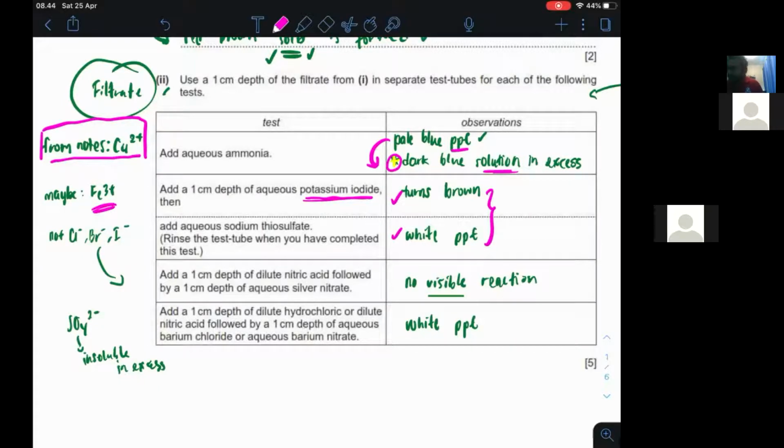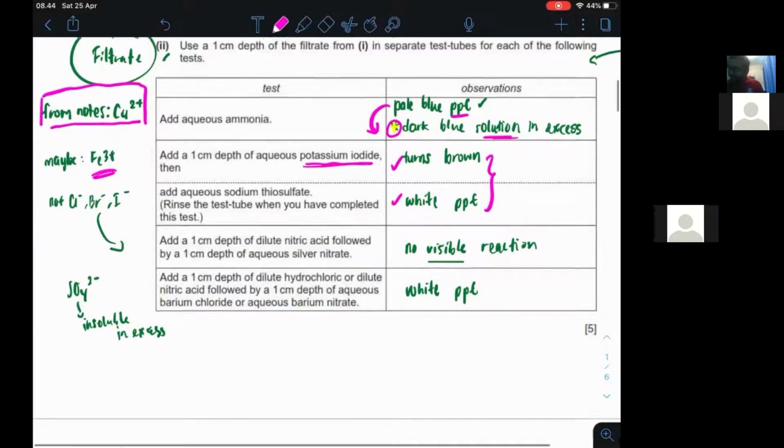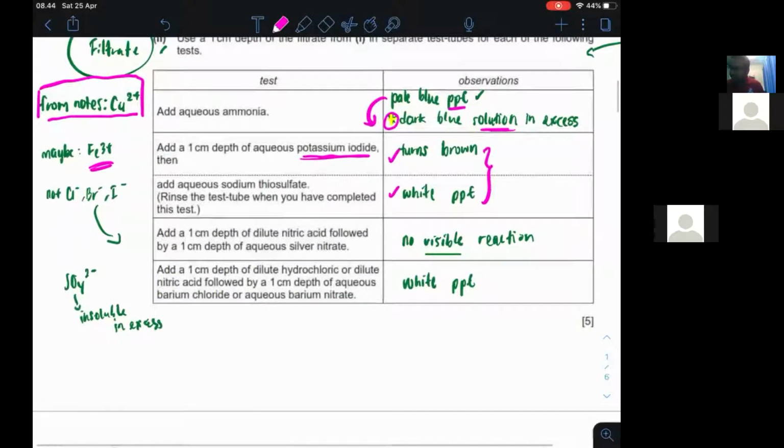The next step is, they say that when you have the filtrate, you add nitric acid, and then you add silver nitrate. The reason why we add nitric acid and then silver nitrate is that we are adding nitrate ion over there.